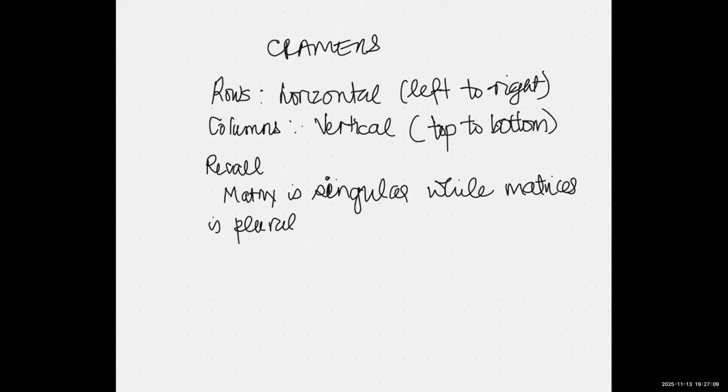When you're talking about more than one, it is matrices. So please don't say to me, sir, what about the matrix? That doesn't make sense. Once you're referencing more than one of them, it's going to be matrices. But once you're speaking about a singular thing, it's going to be matrix. All right.